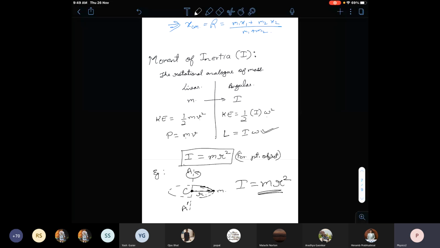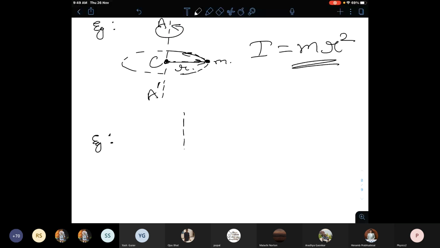Now what about a combination of point objects? If there are more than one point object rotating about a fixed axis, let's see for that also. Let's draw the axis.